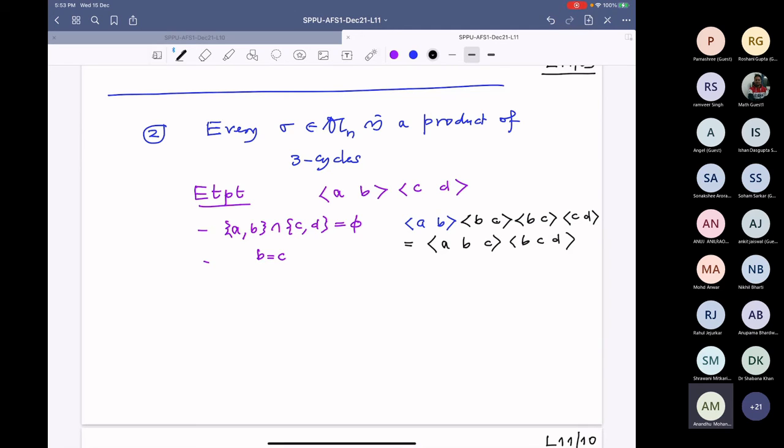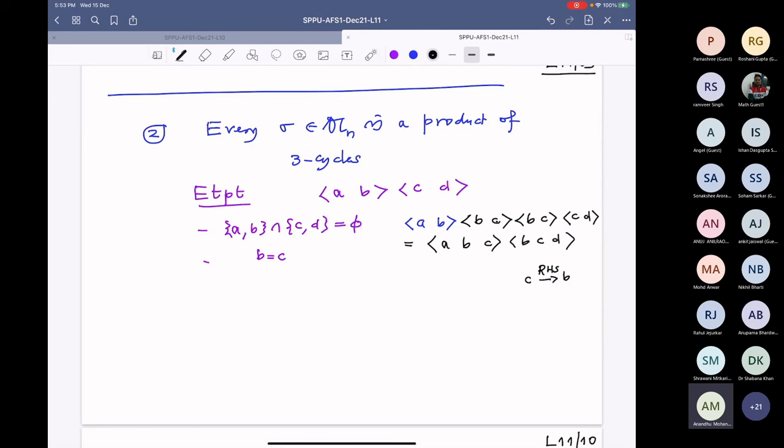I have to compute both sides and then check. Where does B go here? B goes to C, C goes to B. C is going to D. This is RHS. Where does C go? C goes to D, D is fixed.